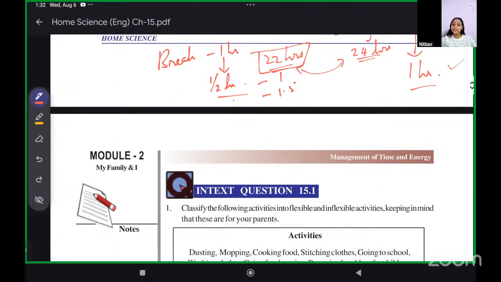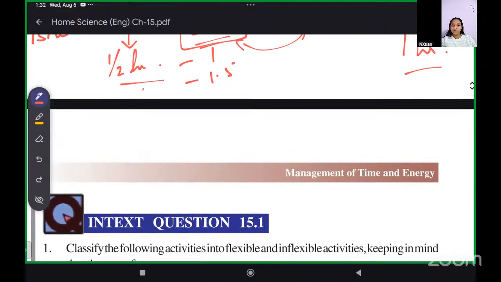What I do for balancing is that I only list down the most important things first. I only list down the priorities, the most important things that I have to do first. And then I try to finish them by 10 p.m. at night.